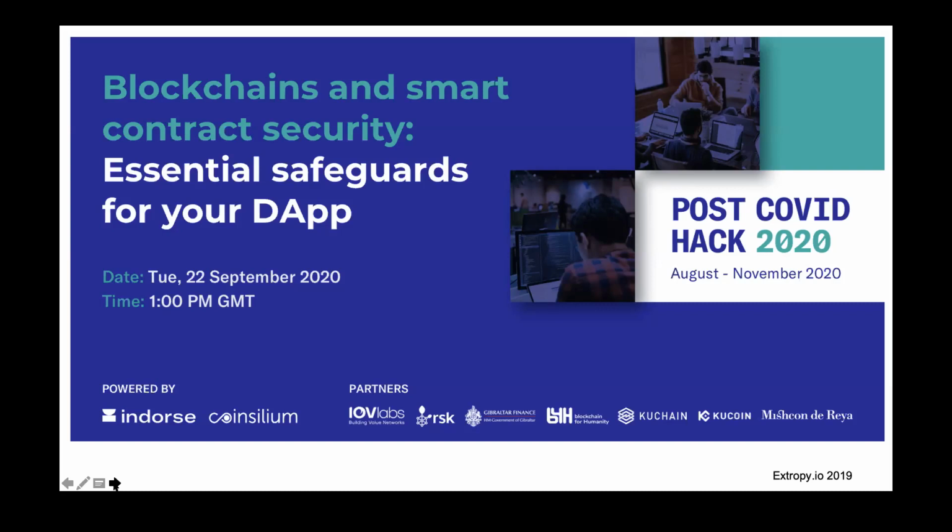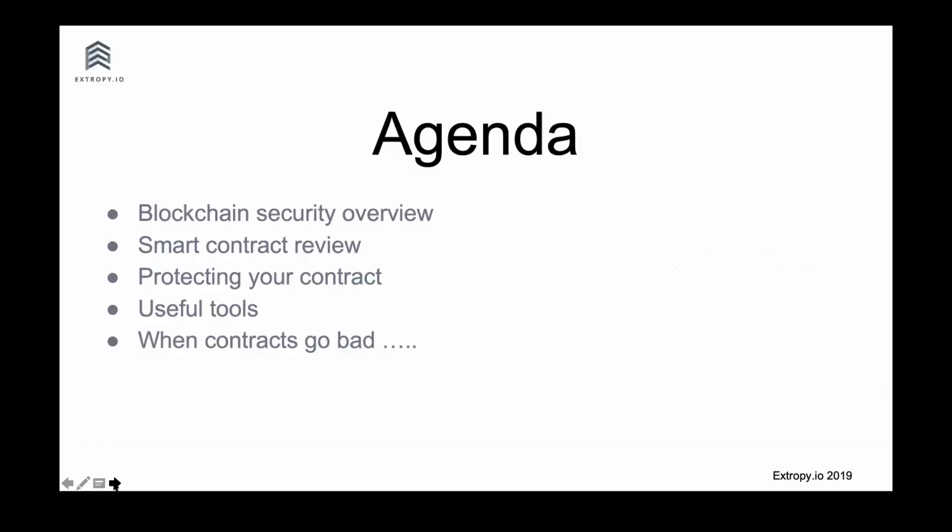So I'm going to go through a little bit of theory to begin with about blockchain security, then we'll have just a quick overview, a reminder about what smart contracts look like and some of the different parts of those. Then we'll go into more details about how to protect your contract from malicious actors and what good practices are. We'll just cover a couple of the useful tools you can use to help you ensure that your contracts are secure.